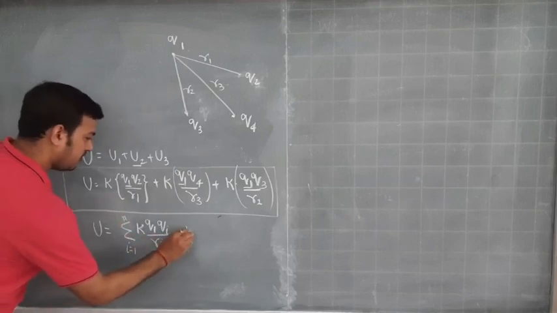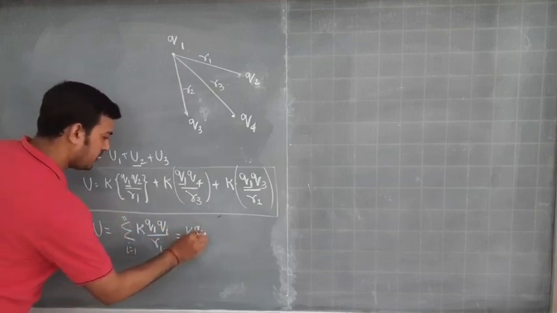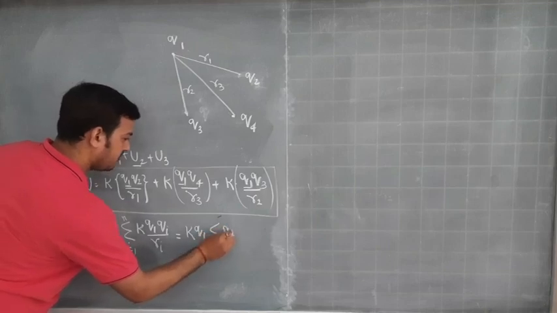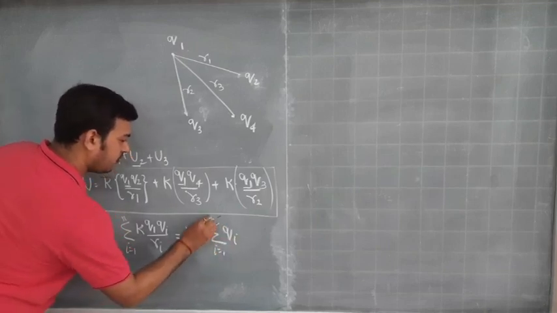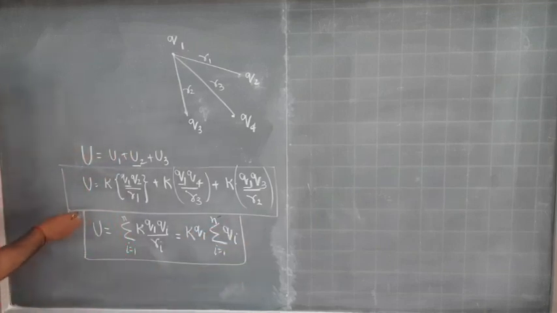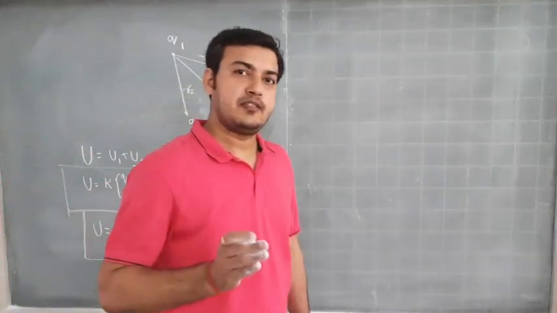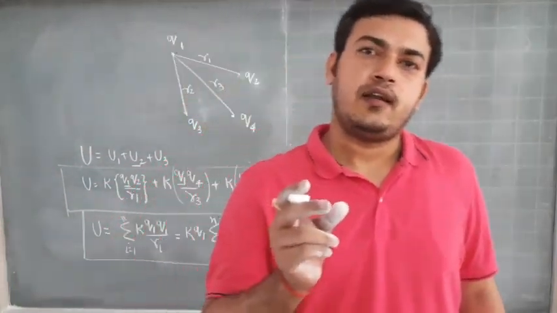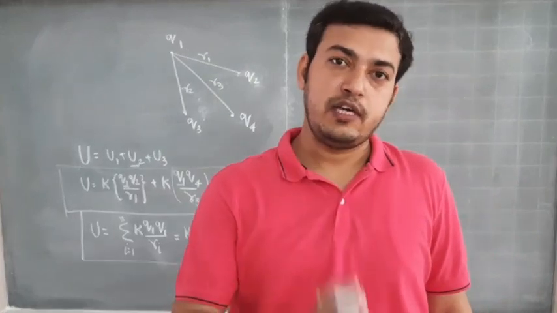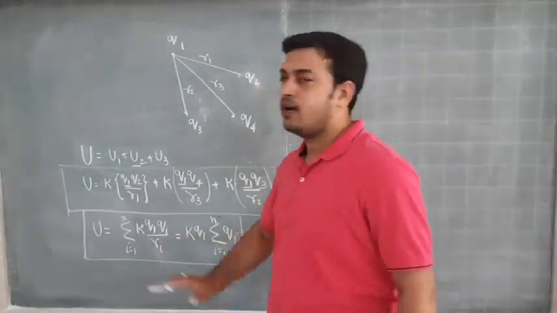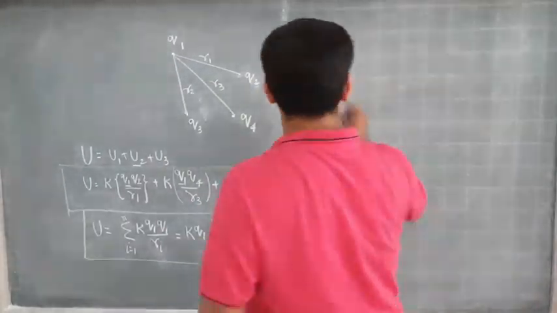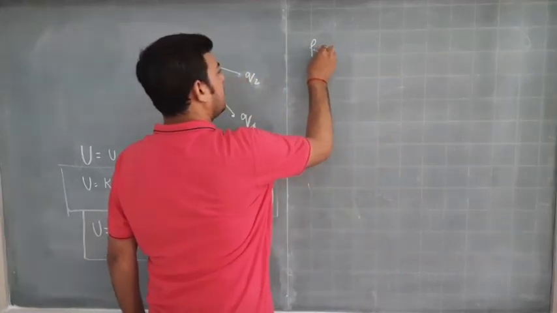Or in another way we can take K Q1 as common and this is going to be sigma Qi by Ri, i from 1 to n. So if you are having n number of charges, simply find the electrostatic potential energy for each pair and add them algebraically.